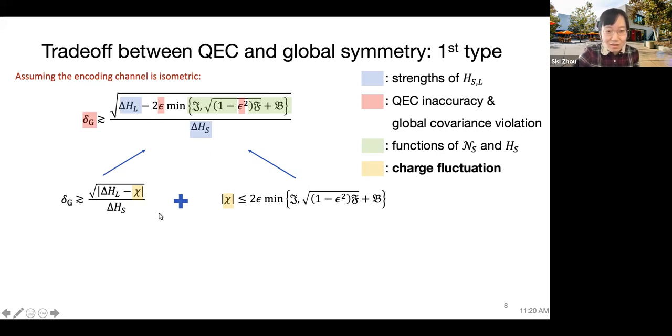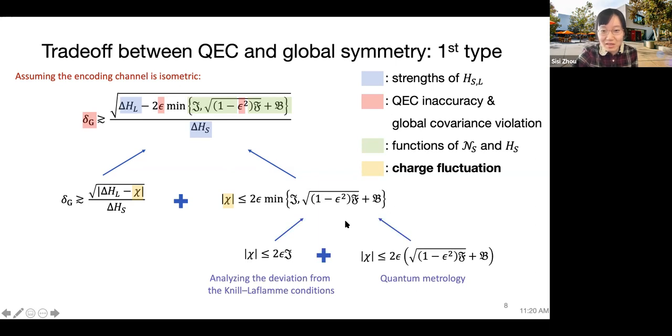The derivation of the first part is tedious and doesn't use many inspiring techniques, so I'm just going to skip it and focus on the second part. The second part can be derived using two different techniques. That's why we have this minimum.